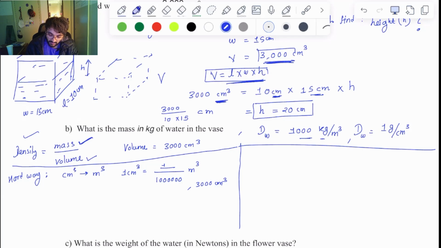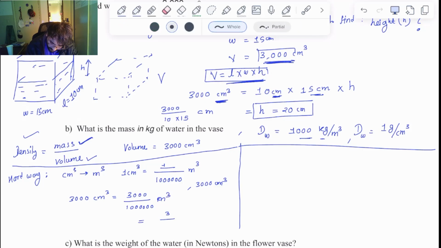So if 1 centimeter cube is 1 over 1,000,000 meter cube, 3000 centimeter cube will be 3000 divided by 1,000,000 meter cube. So that will be equal to 3 over, it's getting really cramped here.